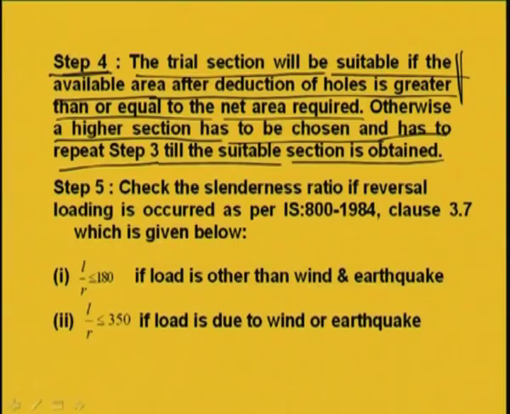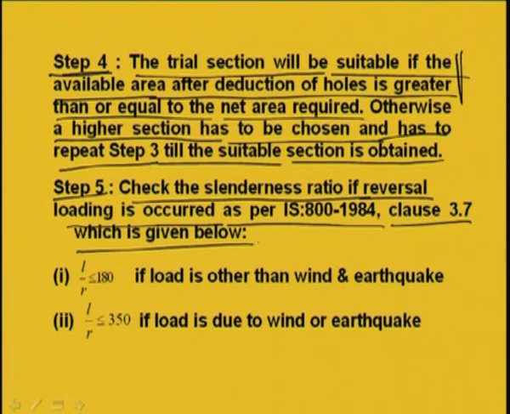Now, in step 5 what we will do? Check the slenderness ratio if reversal loading is occurred as per IS 800/1984 in clause 3.7. Clause 3.7 of IS 800 has given that slenderness ratio has to be less than 180 if the load is other than wind and earthquake.